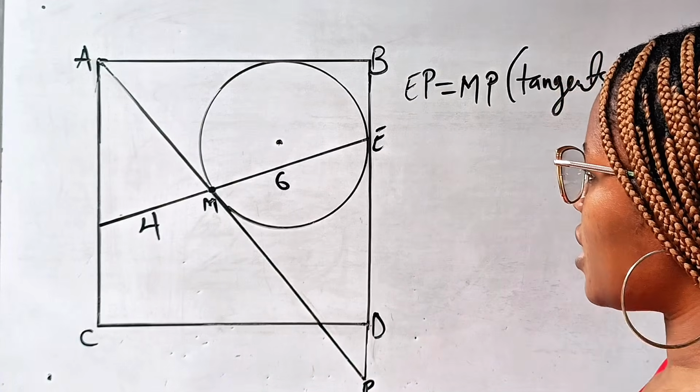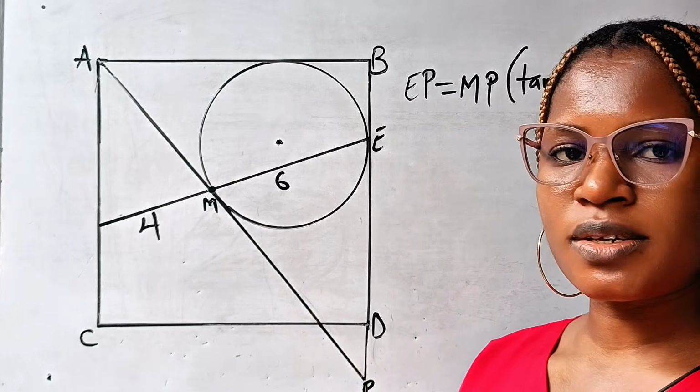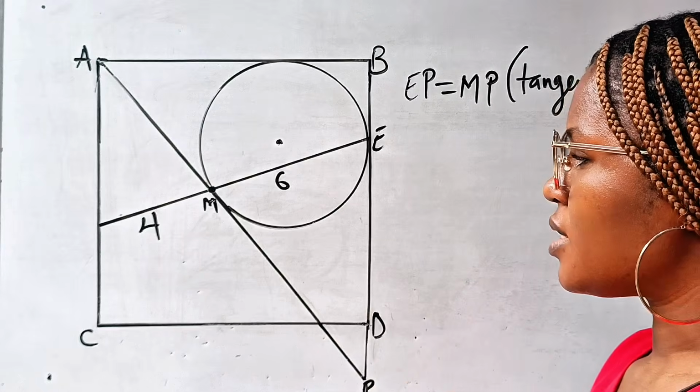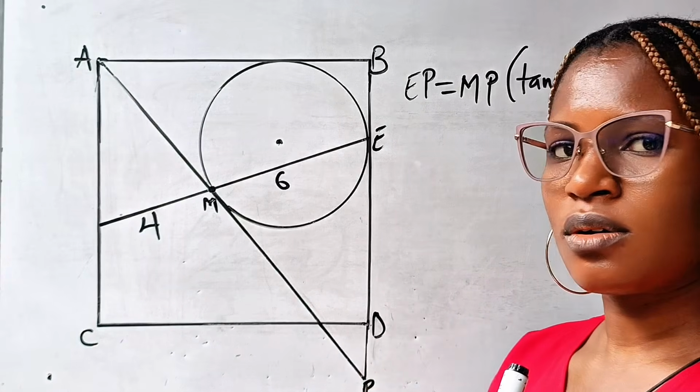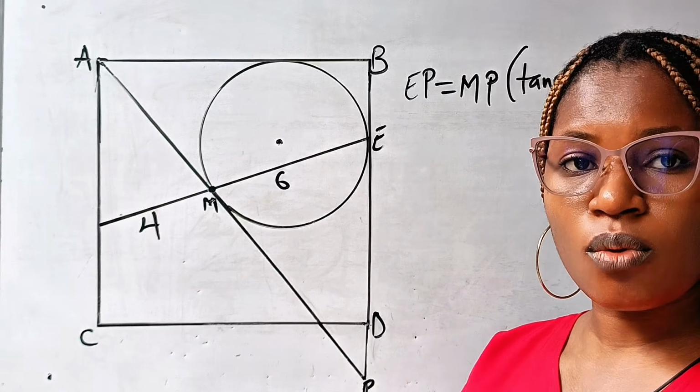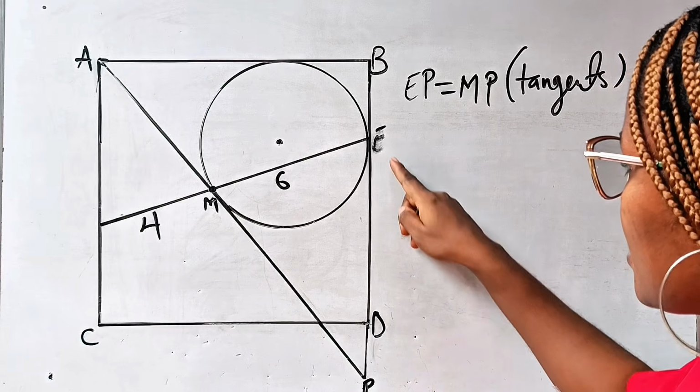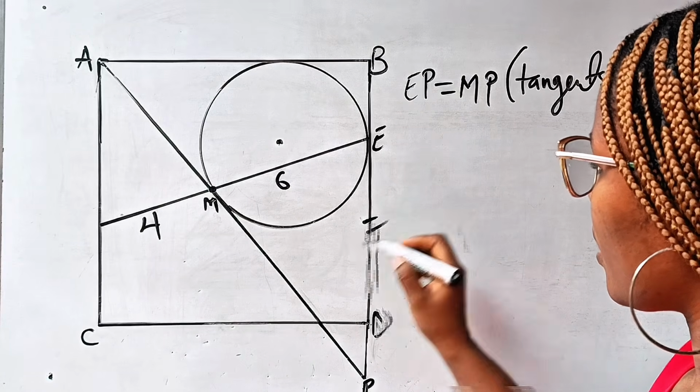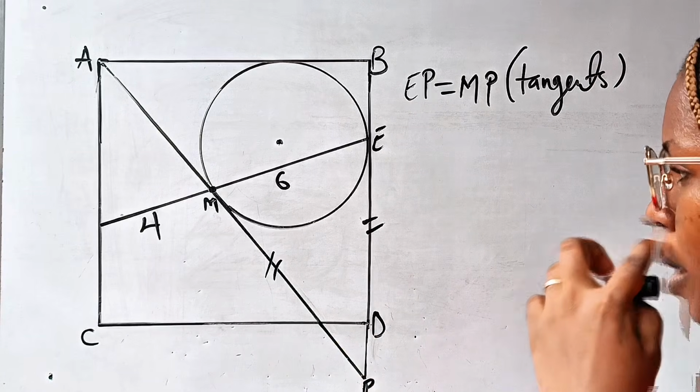When two tangents from a circle meet at a point, their lengths from that meeting point are equal. So EP is equal to MP.